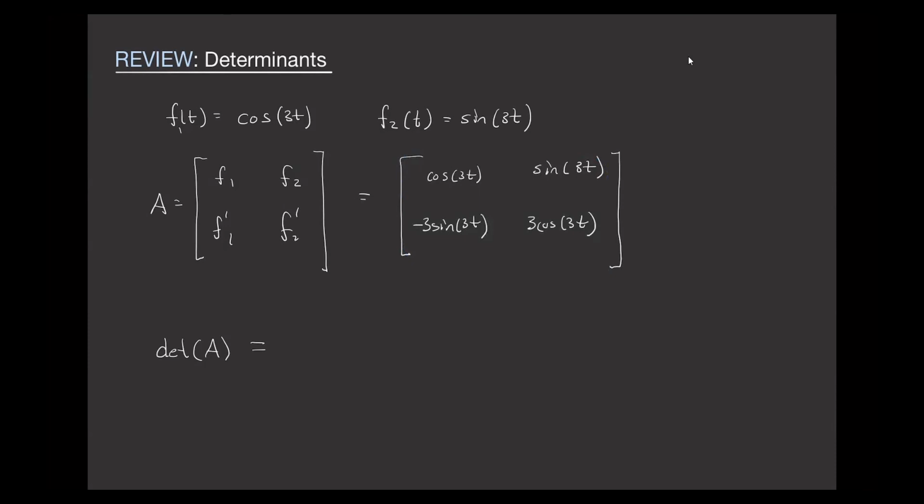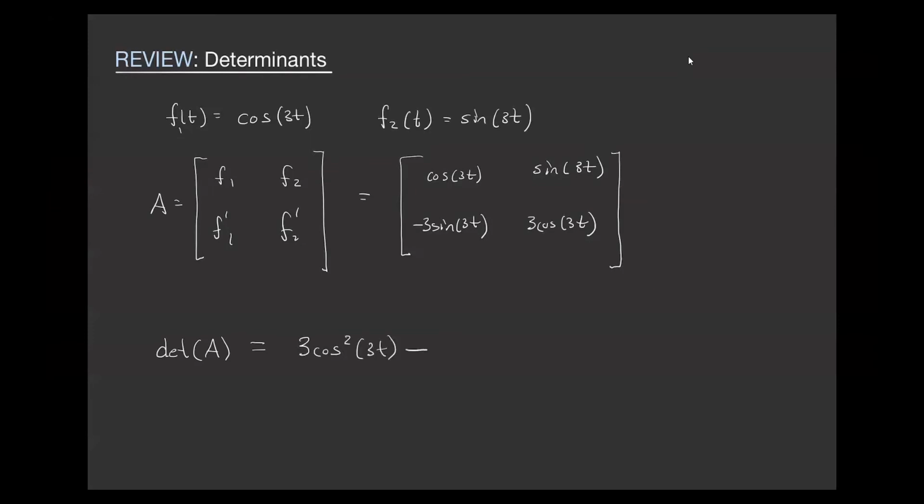Okay, so I see a chunk of people have got it. Well, I don't see anyone simplify it, but you got the idea. You take and you multiply the diagonal first in the 2x2 case. Now, if we do that, we'll get 3 cosine squared of 3t.